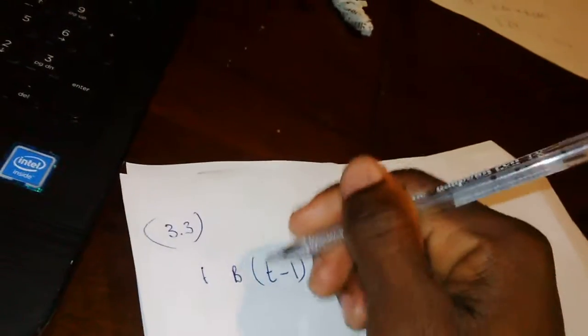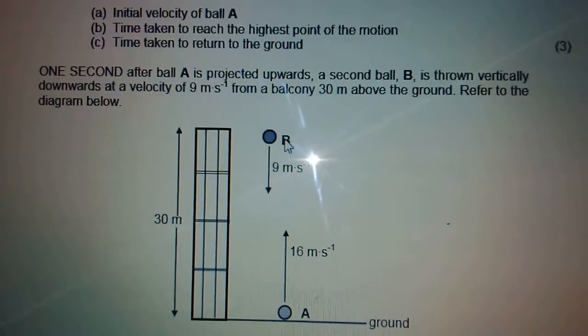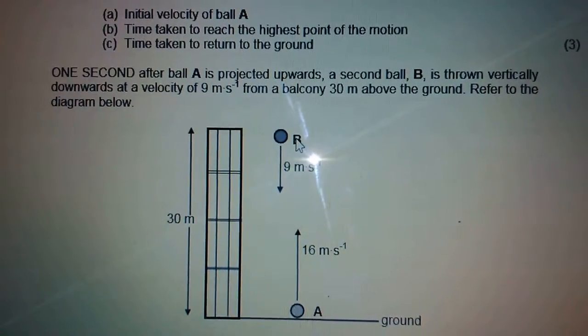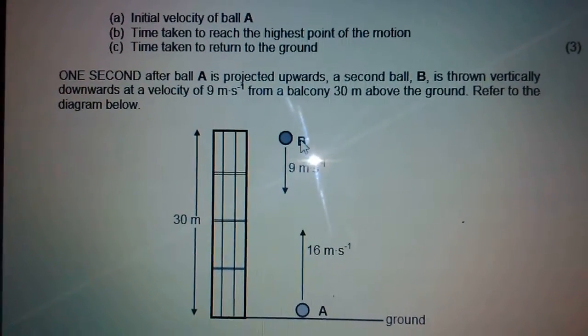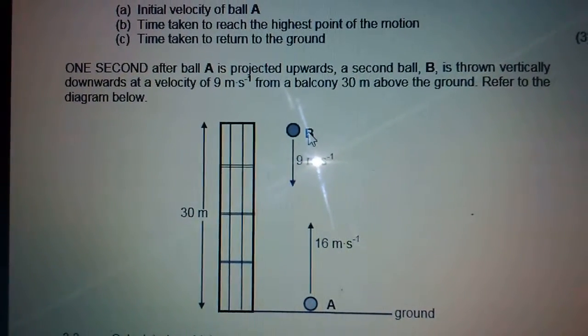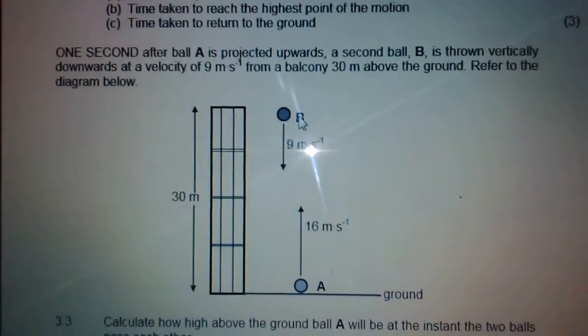This is the time for ball B. It's t minus 1, which represents that it was projected 1 second later. A second ball B is thrown vertically downwards, I meant, at a velocity of 9 meters per second from a balcony 30 meters above the ground.